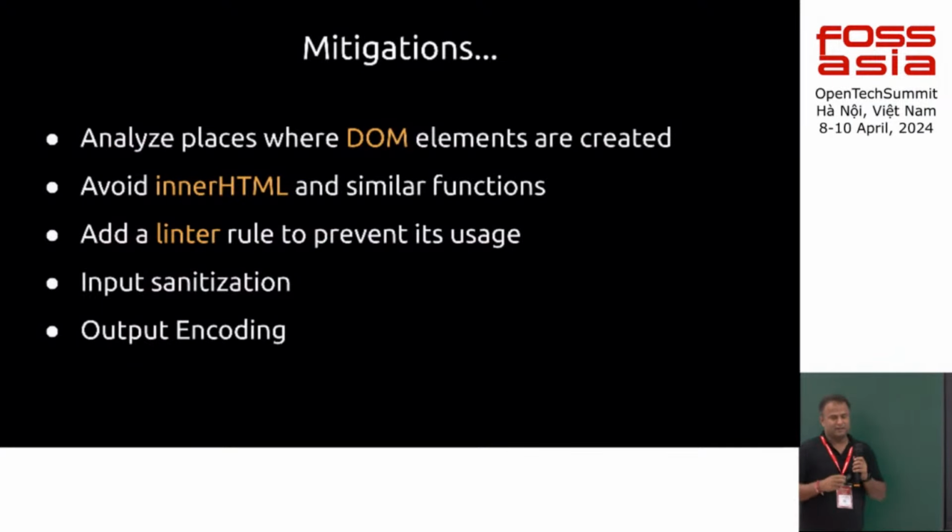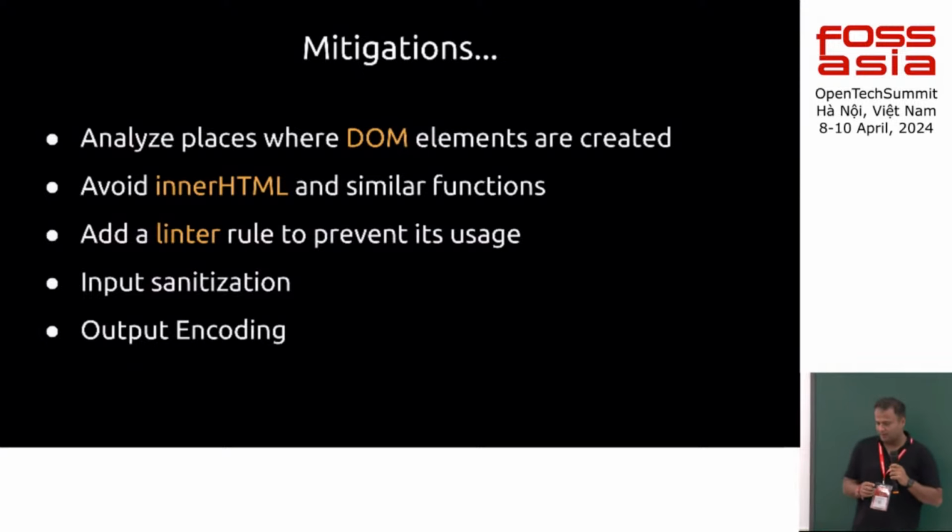So our entire aim here is to make sure that we don't introduce these types of bugs into any of the applications we build or use. If you are a coder, you can try to analyze places where DOM elements are created, and avoid functions like innerHTML or similar functions in all the front-end frameworks.